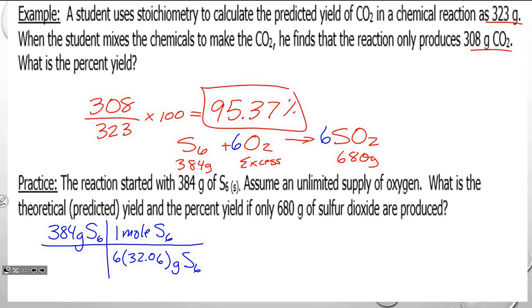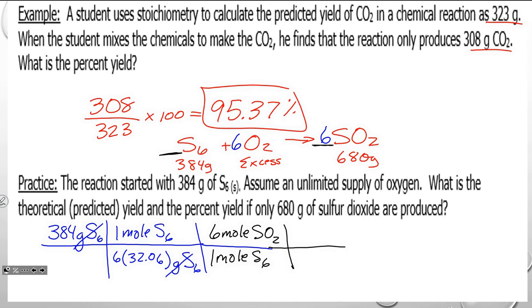Then, at this point, I can go up into my reaction, and the 1 and the 6 here help me convert from one compound to another, but I have to be in moles first. So for every 1 mole of S6, I get 6 moles of SO2.